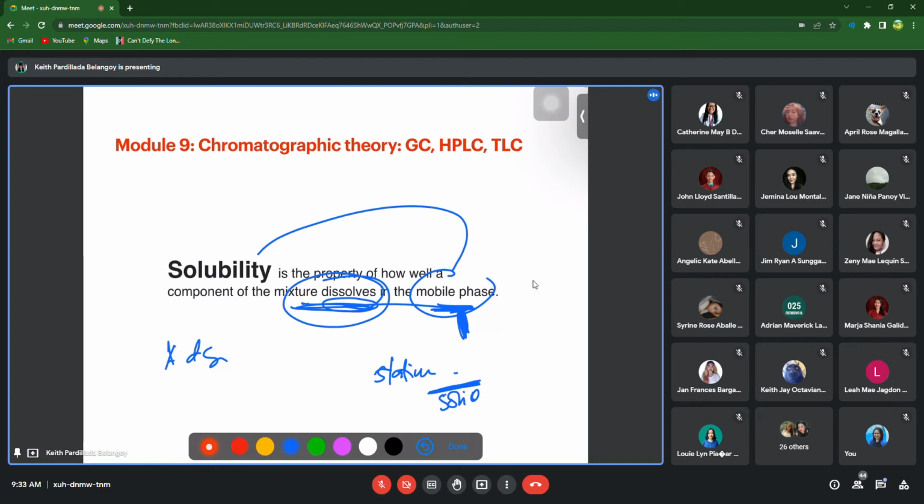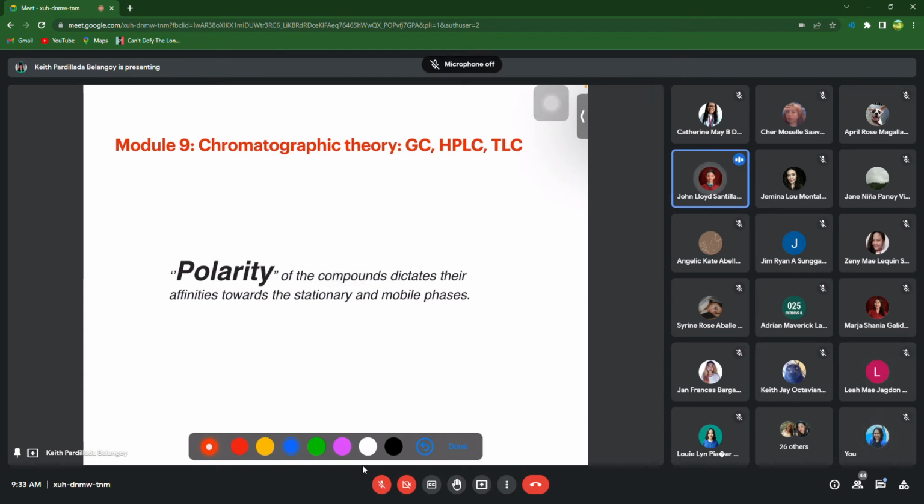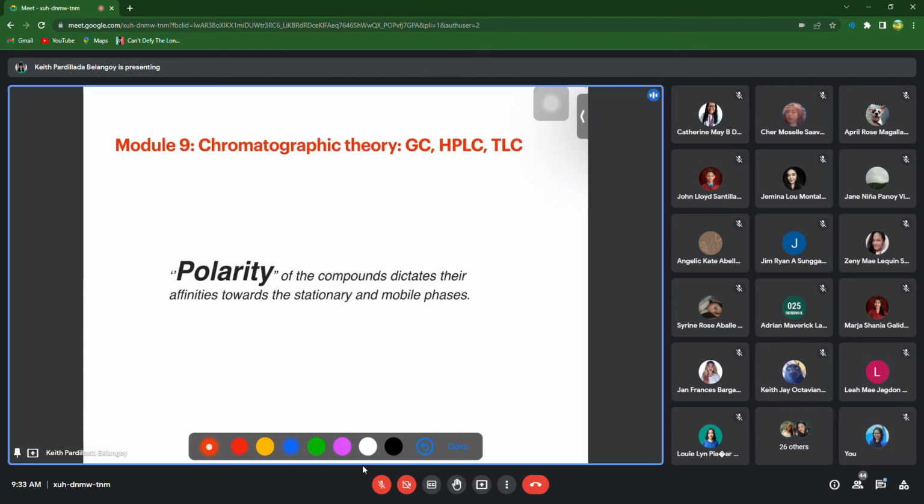So we had affinity, adsorption, solubility, and most importantly, polarity. Are you familiar with polarity? Polarity is the most powerful of the four terms.